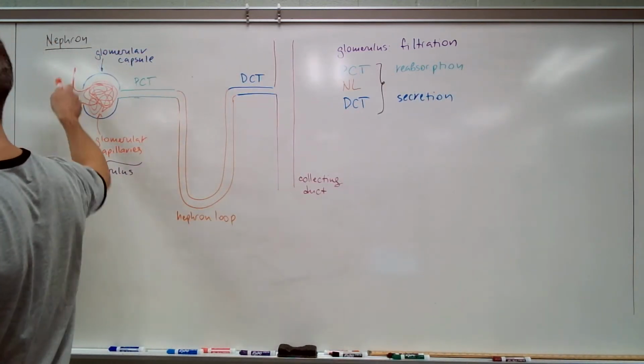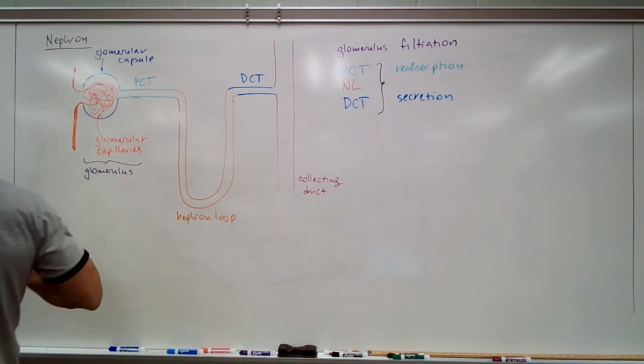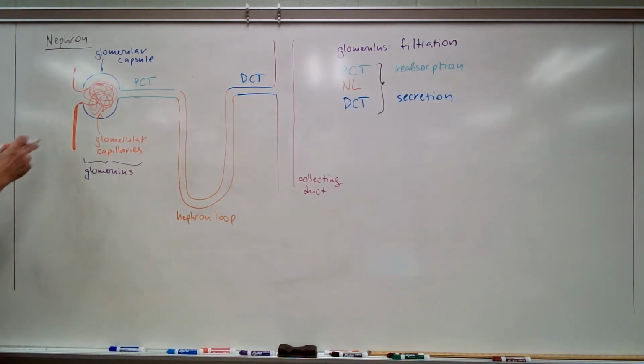Now, what are these? Those are arterioles. So this one is afferent arteriole. We're going to call it AA. And this one is efferent arteriole, EA.